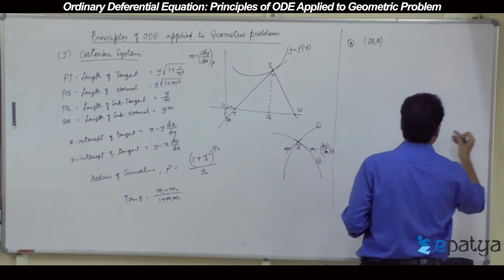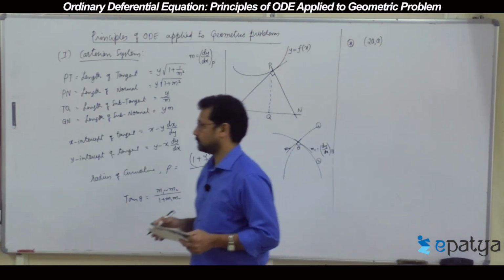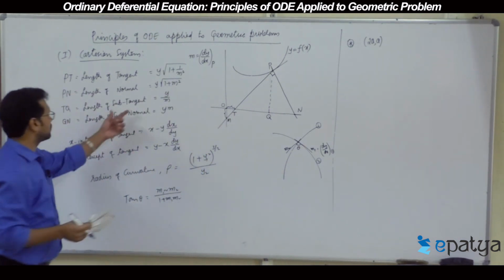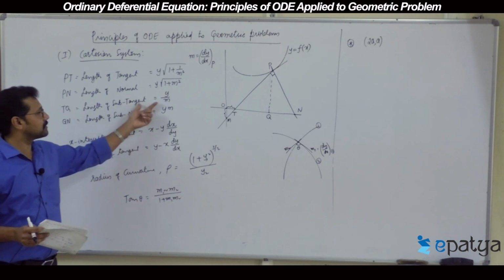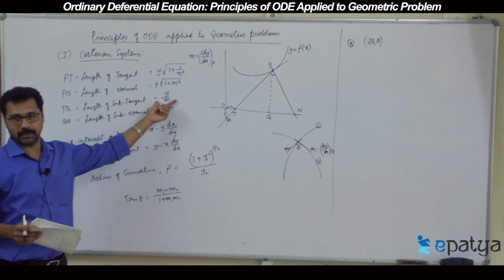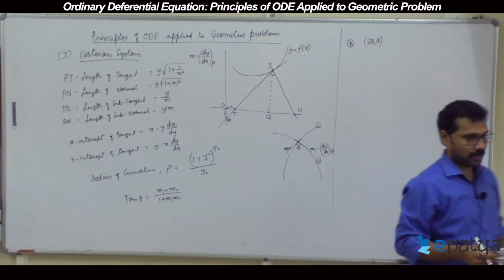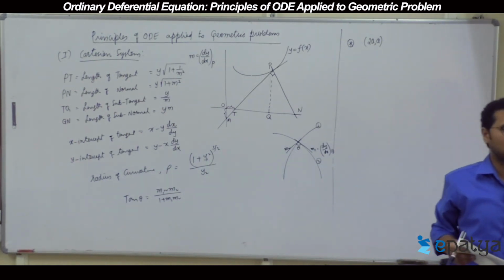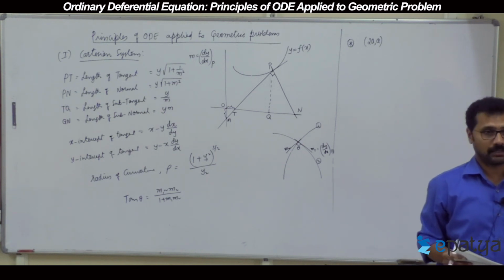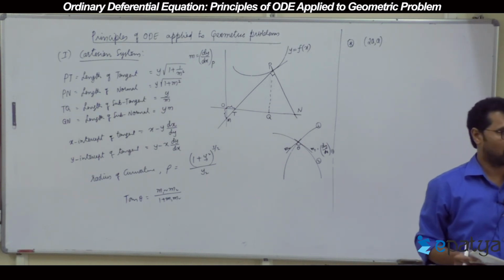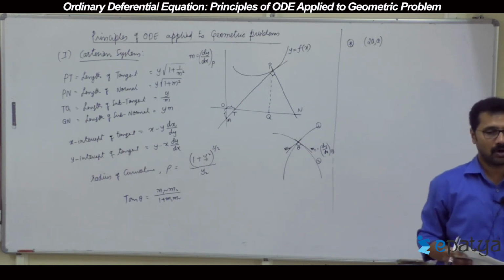So Cartesian subtangent means this, y by m, y by dy by dx. And abscissa, what is abscissa? X coordinate of the point is called abscissa, y coordinate of the point is called ordinate. Given a point x comma y, x is called abscissa, y is called ordinate.